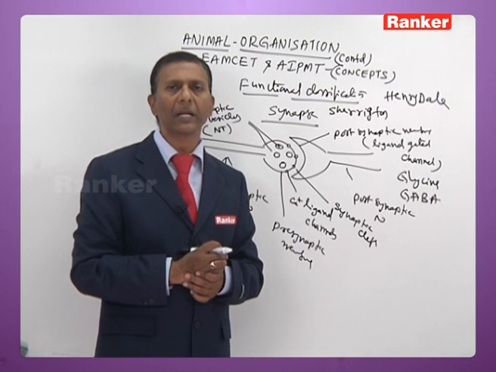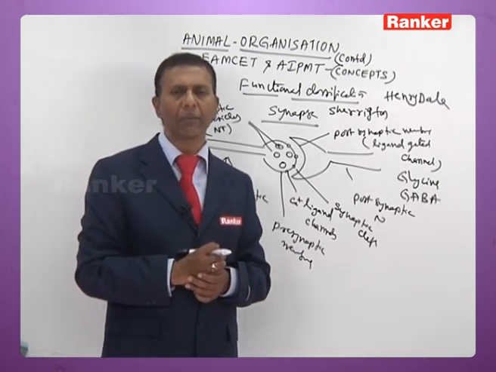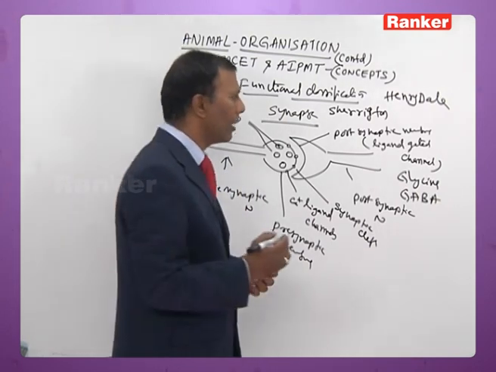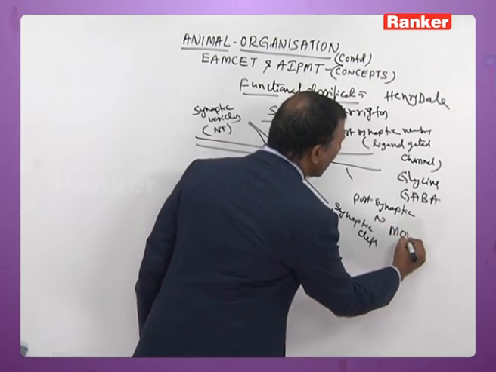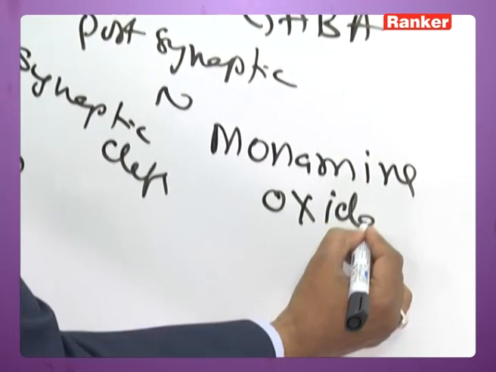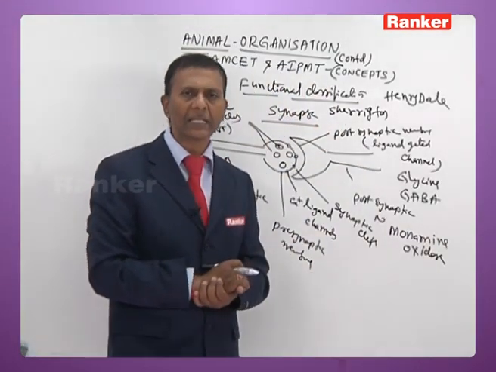Mostly the nerve terminals of the sympathetic nervous system synthesize adrenaline or norepinephrine. That's why they are called adrenergic nerve fibers. For adrenaline, monoamine oxidase acts as a catalytic enzyme.